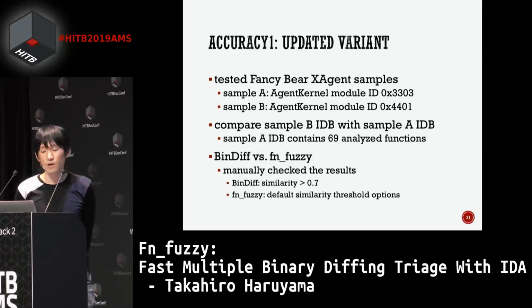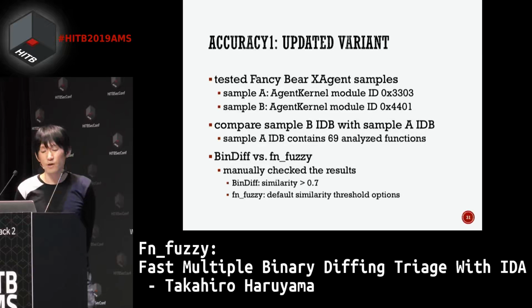To wrap up my presentation: FNFuzzy is a fast and lightweight binary diffing triage tool for large sets of IDBs. BinDiff is still better in accuracy because FNFuzzy just depends on 2 kinds of fuzzy hashes. But FNFuzzy provides a high-speed comparison.